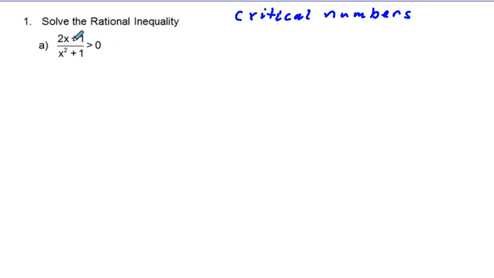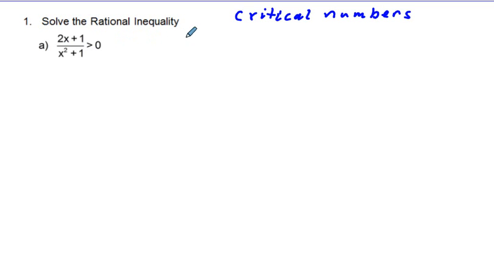And so we're looking for the numbers where the numerator is equal to 0, in which case the value of the expression will be 0, and/or the value of the denominator is 0, meaning where the expression is undefined.